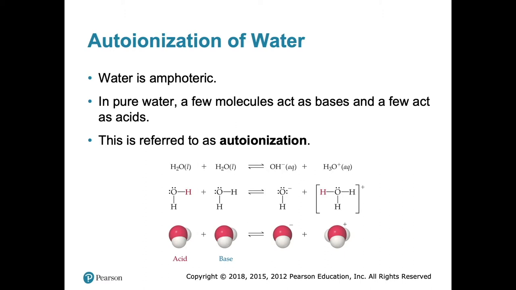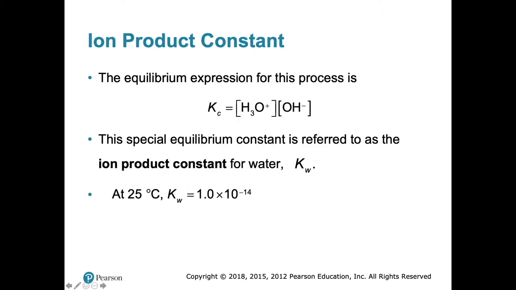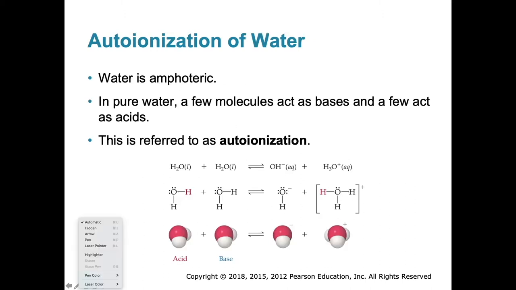since water can act like a base and an acid, you can still assign conjugate base and conjugate acid. So if this is the acid right here, that's the one that's going to be losing its proton.